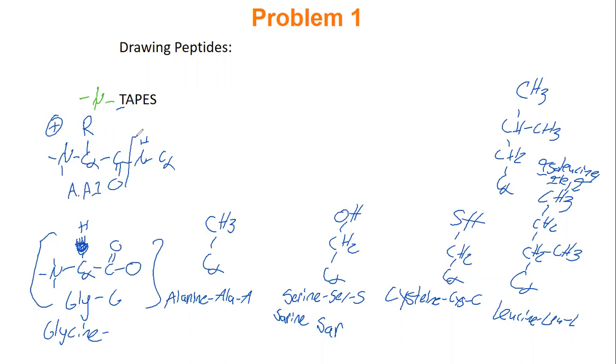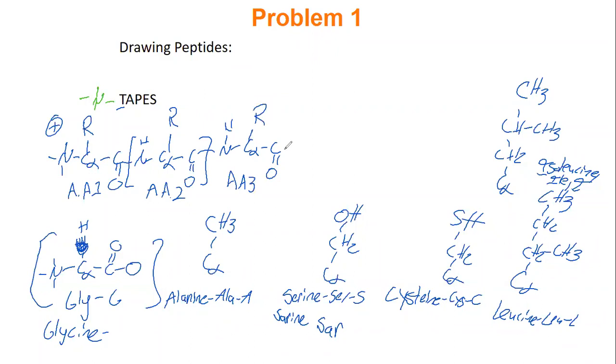Your next amino acid goes NH, C alpha, C double bond O. Amino acid 2. Next side chain. Amino acid 3, NH, carbon alpha, C double bond O. And you don't have to put the hydrogen up and the C double bond O down like I do. That's just the way I draw them. Amino acid 3. Next, and you draw the side chain.